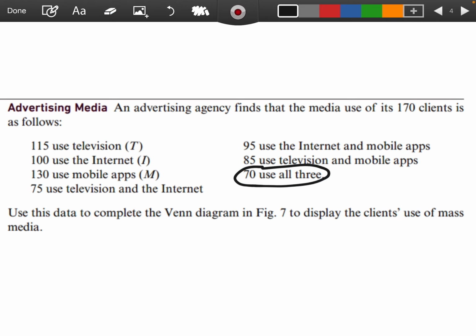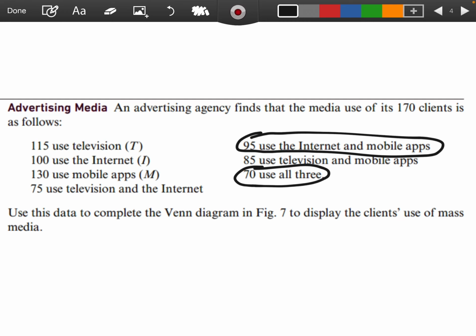The problem is, and this is why I'm saying to work from the inside out, the 70 people that use all three are also included in the 95 that use the internet and mobile apps. 70 of the 95 actually also use TV as well. They do use internet and mobile apps, but they also use TV. So they're also included in that very middle part.